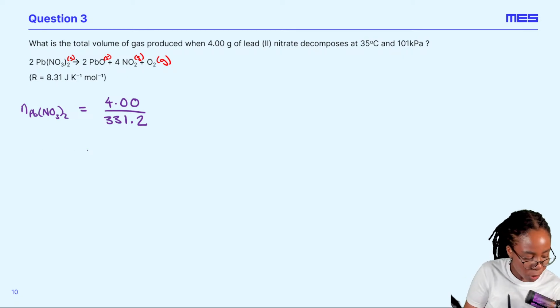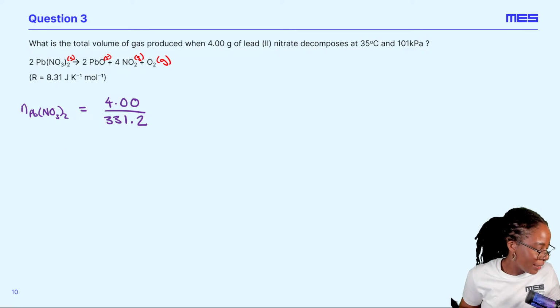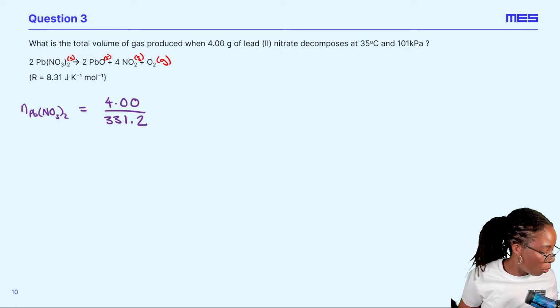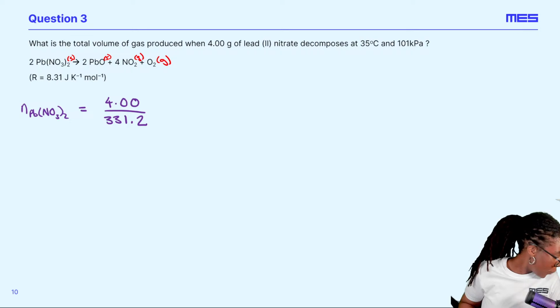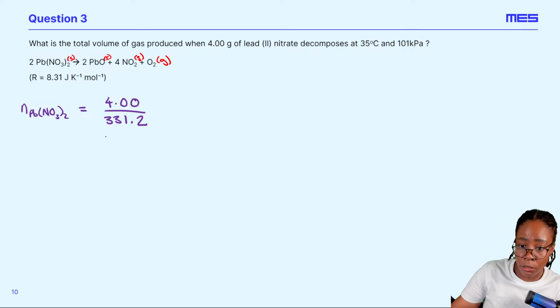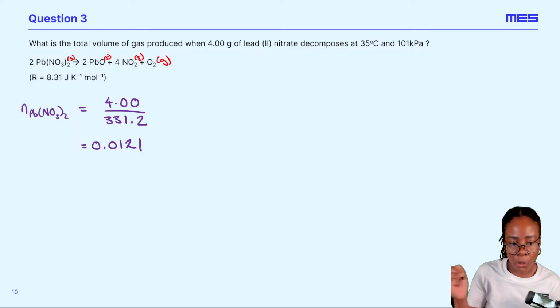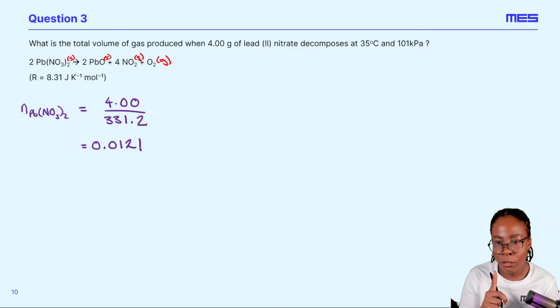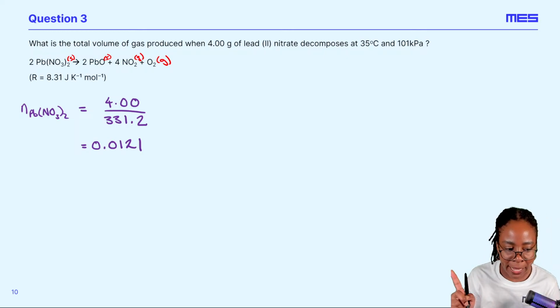So we've got our moles of our lead-2 nitrate as our 4 divided by 331.2 to get 0.0121. Okay. Now in the question, we want the total volume of gas.